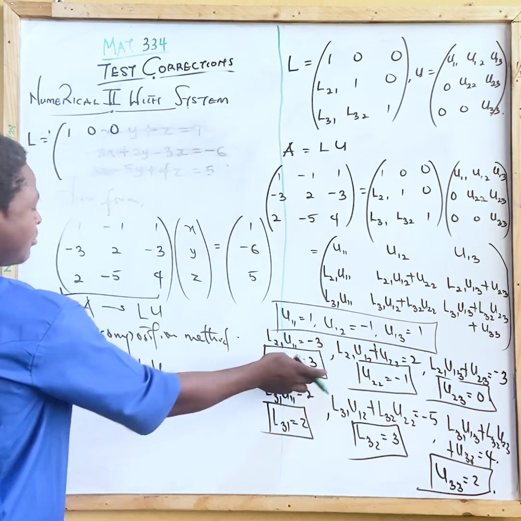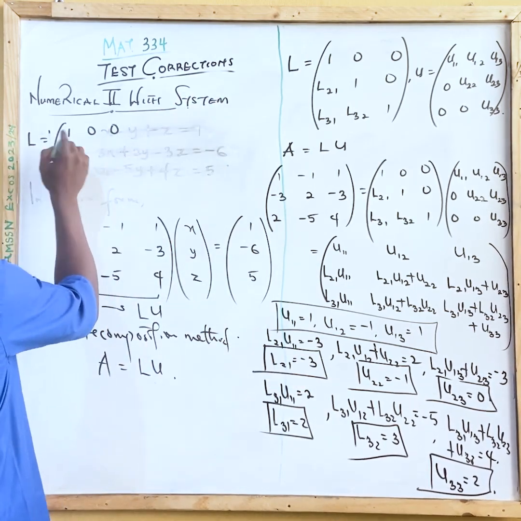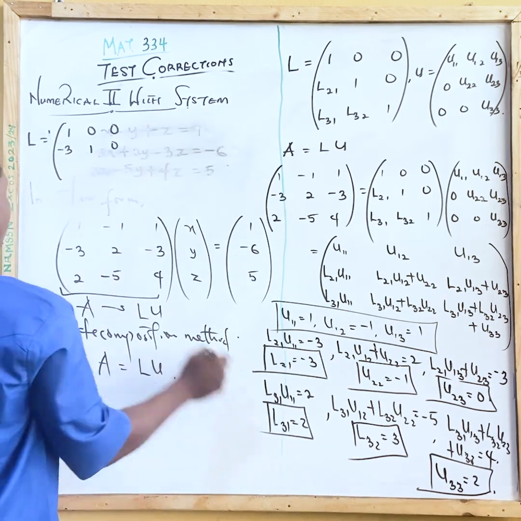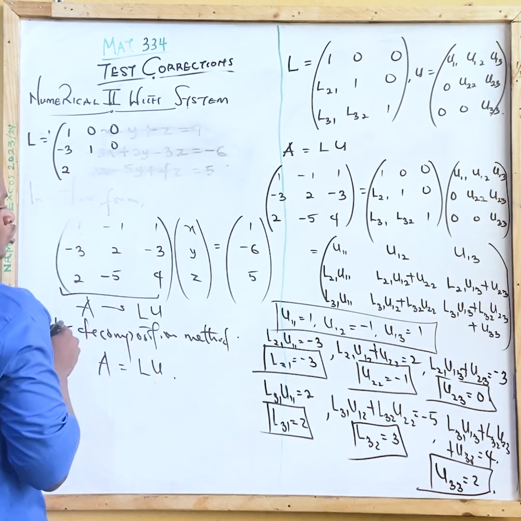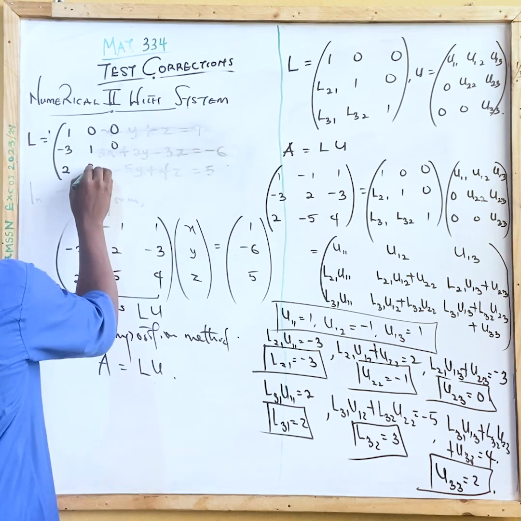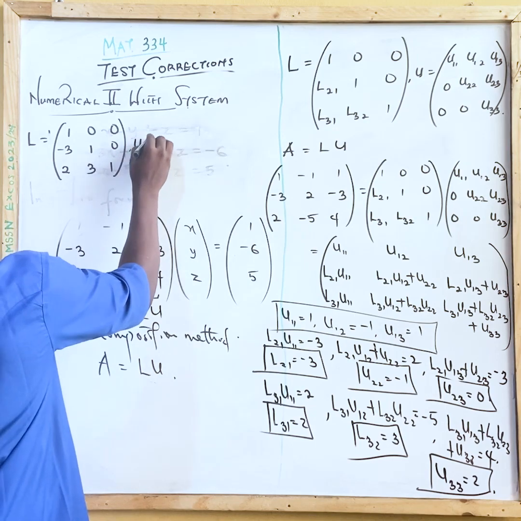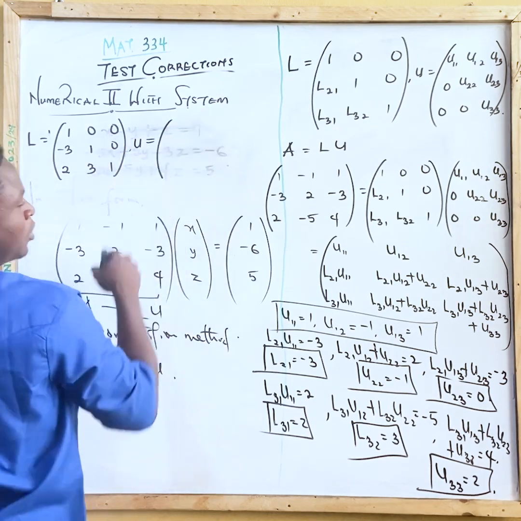L21 is -3. So I have -3, 1 0. L31 is 2. L32 is 3. Then 1. So this is our L.